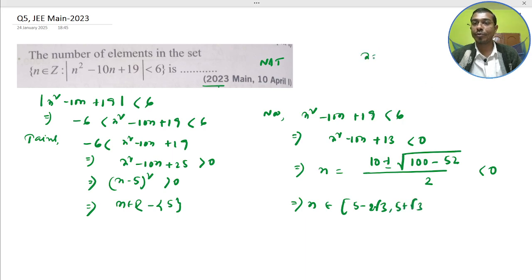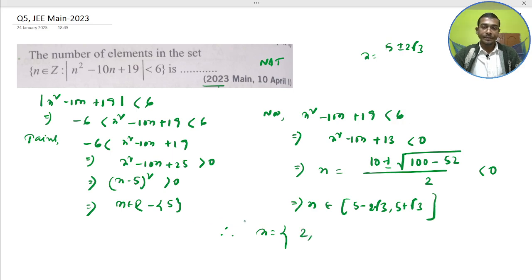Here the root would become 5 plus minus 2 root 3, divided by 2a means 1.